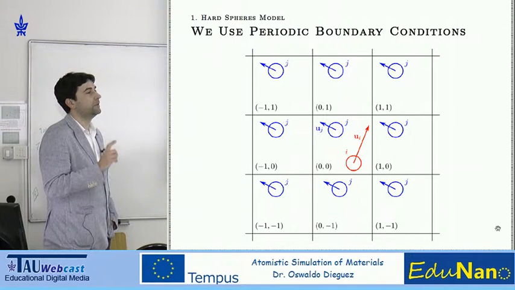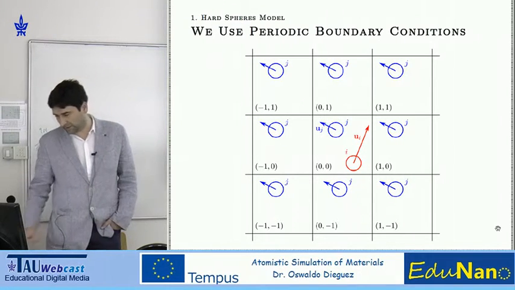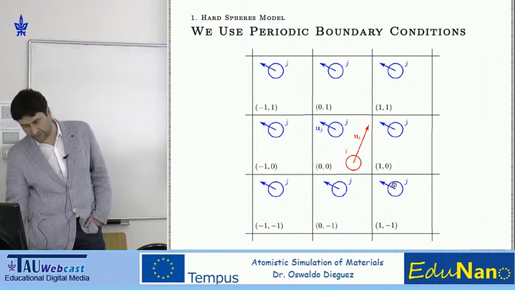Periodic boundary conditions mean that when one ball reaches the wall, it comes back into the box through the opposite side. You can see that this ball is going that way, so if it goes through here, it will come back through here, like this one is doing.